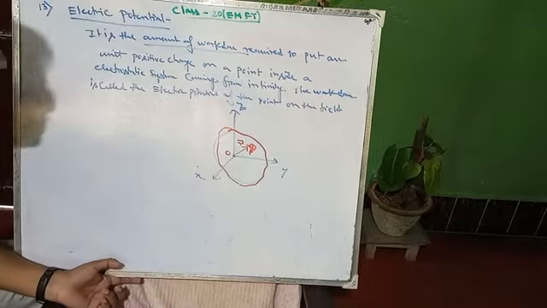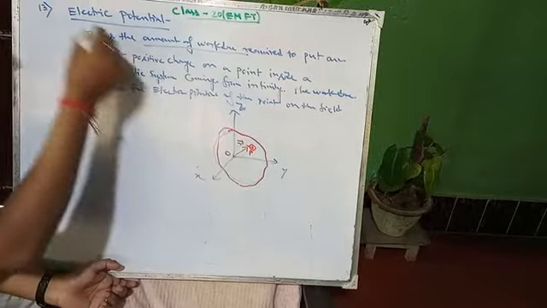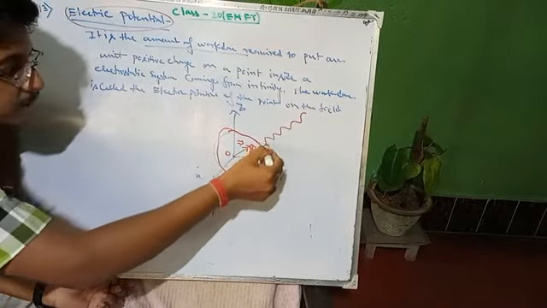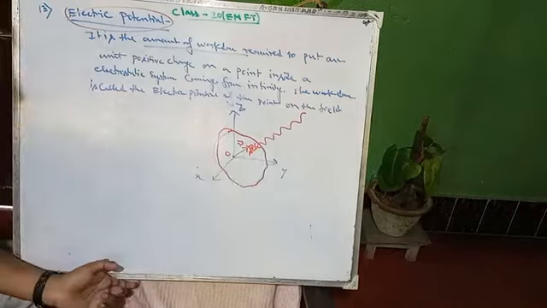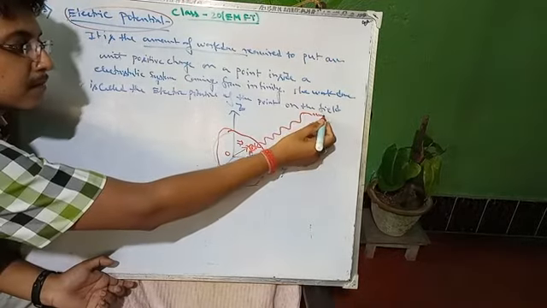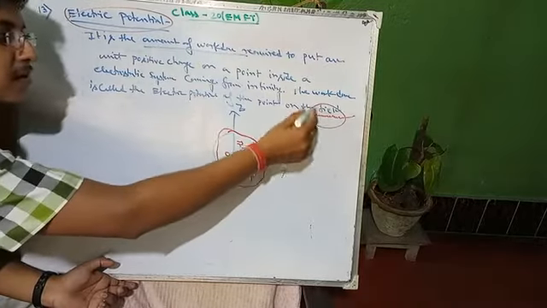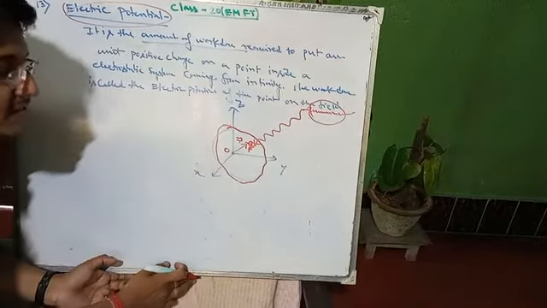If we want to find the electric potential at that point, then we have to perform this type of experiment, from infinity. This representation shows the infinity.